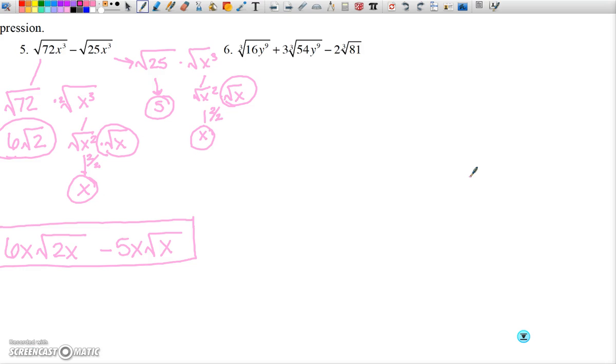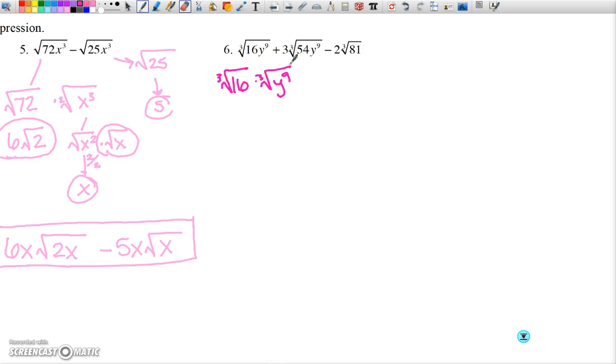So now we start with simplifying our cubed root of 16. Actually, I'm going to go ahead and erase this to get it out of the way for right now. All right, so cubed root of 16 times the cubed root of y to the 9th.